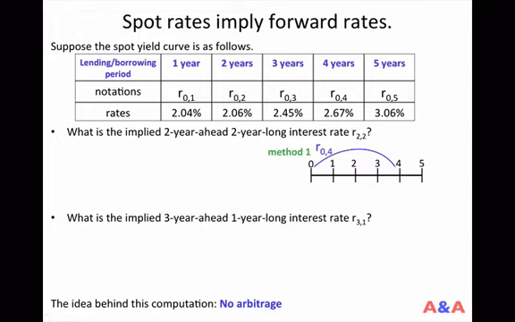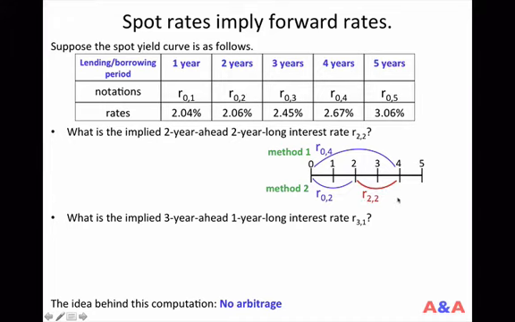A second method to invest your money for 4 years is first lend your money by the 2-year spot contract and at the same time enter into a forward contract that will start 2 years from today and lasts for 2 years. For the first 2 years, this spot rate R02 is applied, and then this forward interest rate R22 is applied.